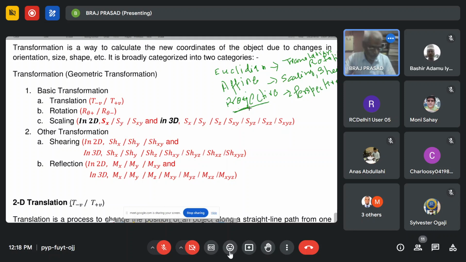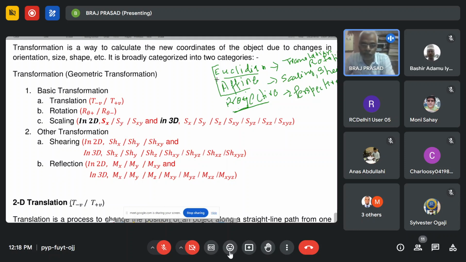So this is our next topic. But today we will discuss only the Euclidean and affine transformation methods, that is called translation, rotation, scaling, and shearing. But there is one more transformation that is called reflection, and it is known as an other transformation.